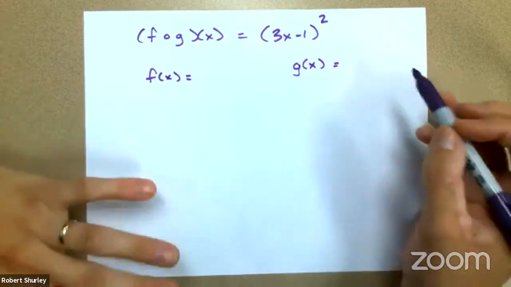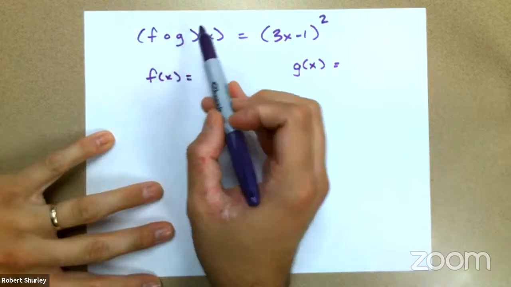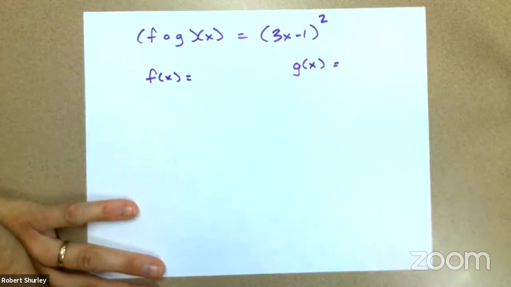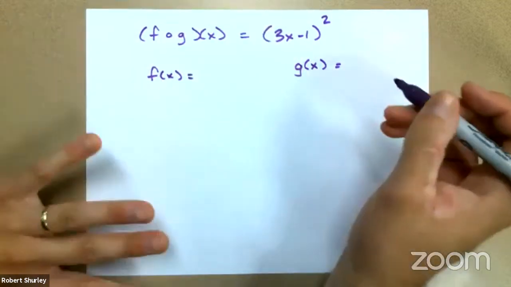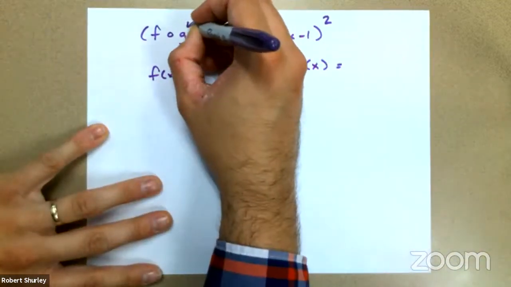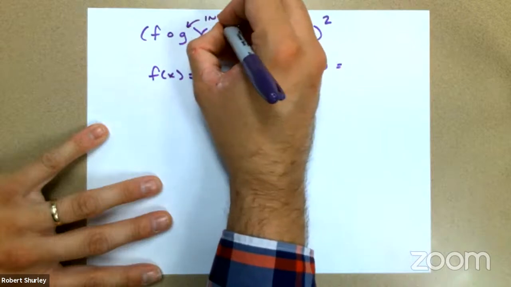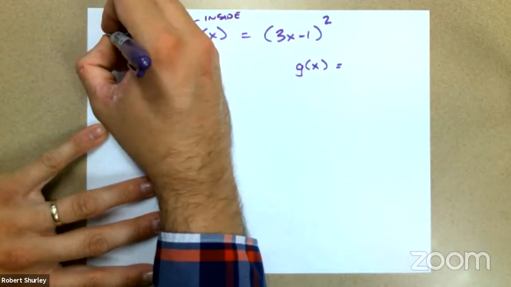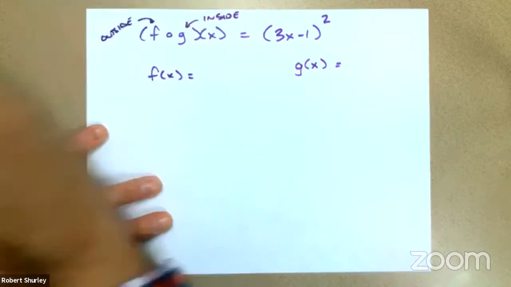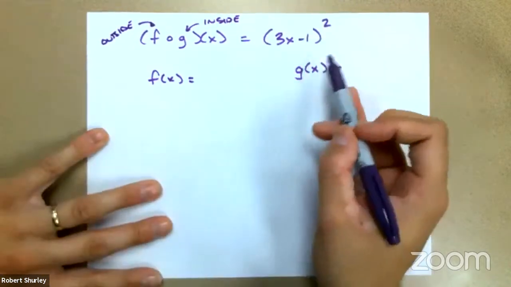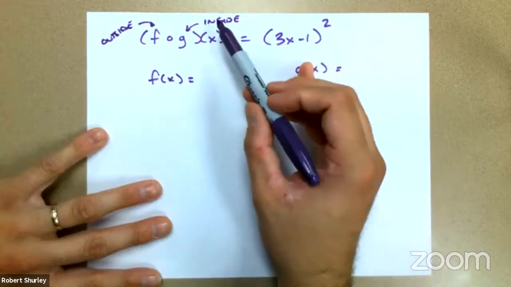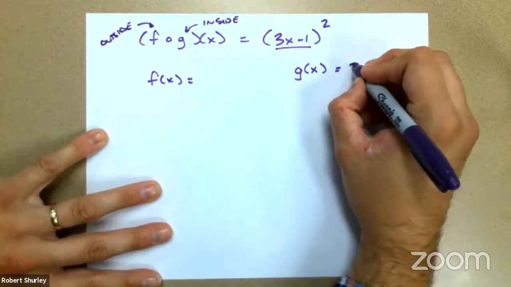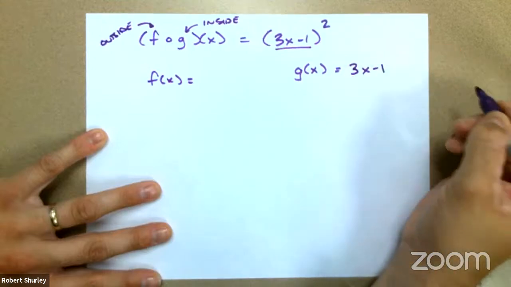Let's think about this. Remember, f composed of g means g goes into the f function. So the g function is considered the inside function, and the f is considered the outside. If I look at this example, the inside function's sitting right there: 3x minus 1.